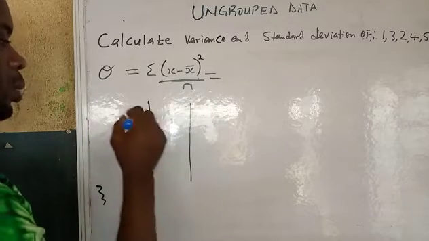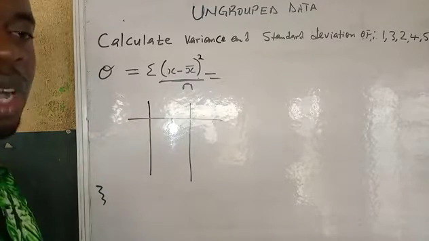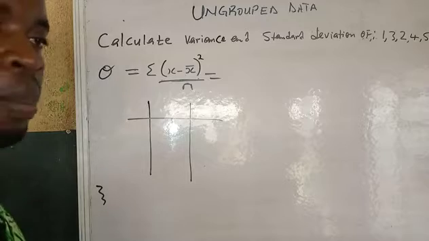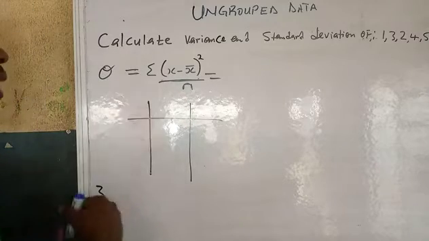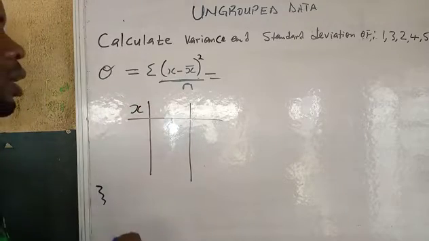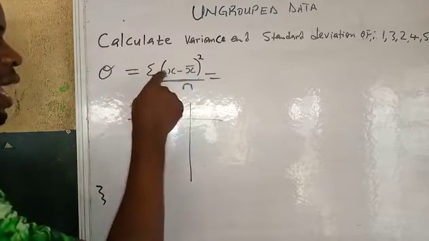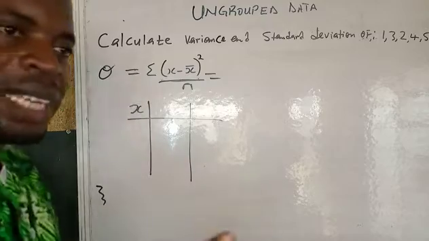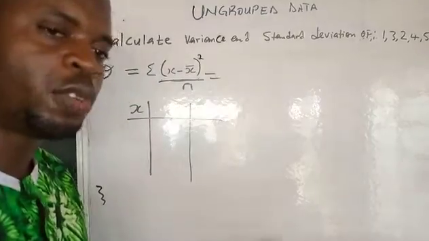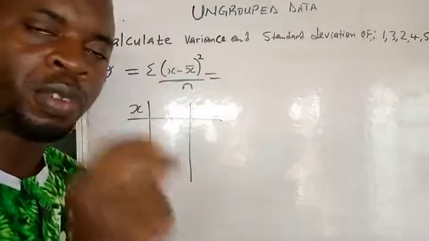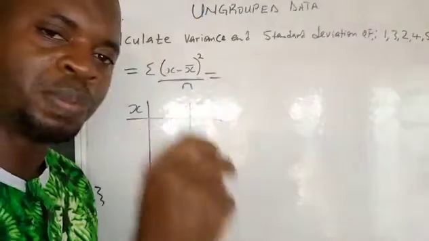We have our table just like how we did when we were solving for mean absolute deviation. We have our x. We also need the mean, because we need x minus mean. I said if you're solving for mean absolute deviation, find your mean first. Even when you are solving for variance or standard deviation, find your mean first.